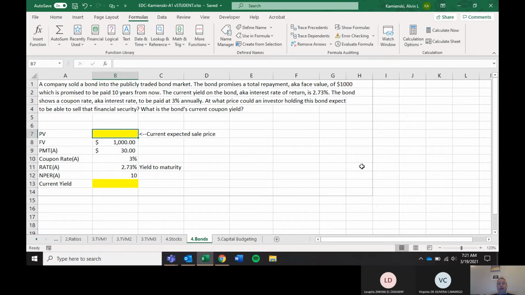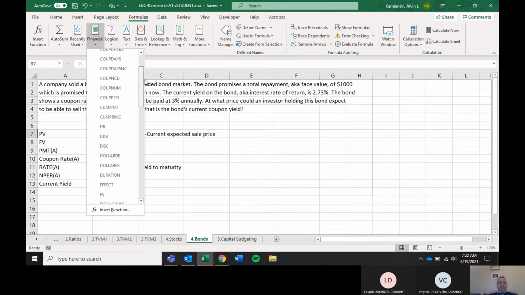So, how much should someone be willing to pay to get $1,000 in the future, to get $30 a year every year when you get those payments for 10 years, and each and every year along the way you get $30? What is your collective willingness to buy that?